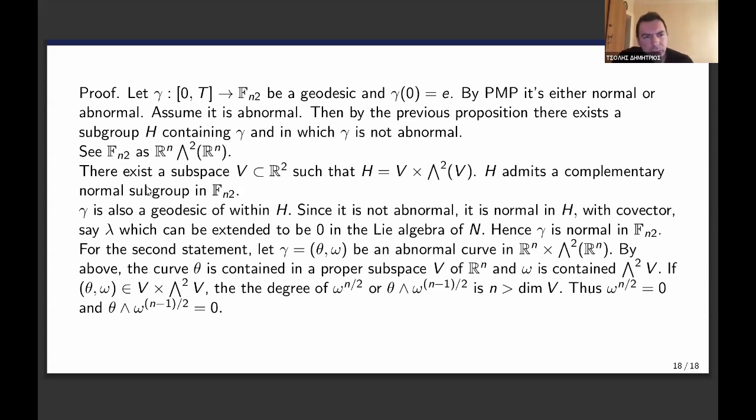So we can write this, and we know that there exists a subspace, we have this from the previous proposition, and this is this thing here.